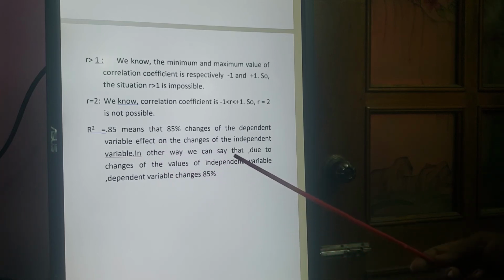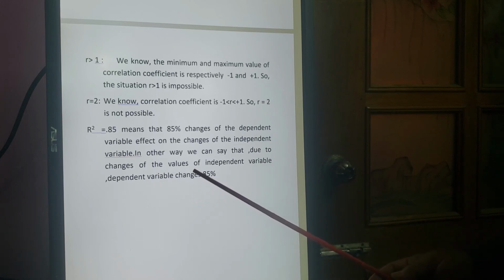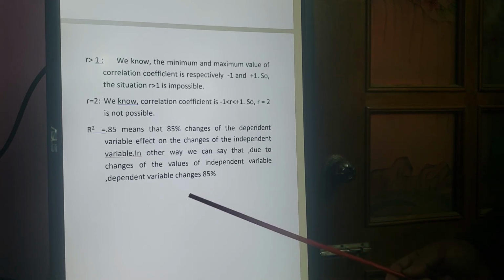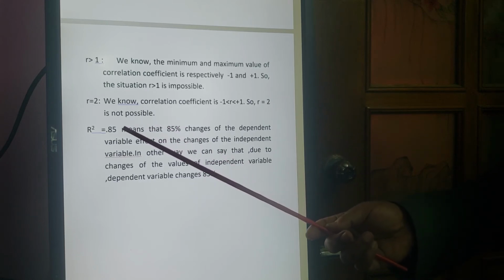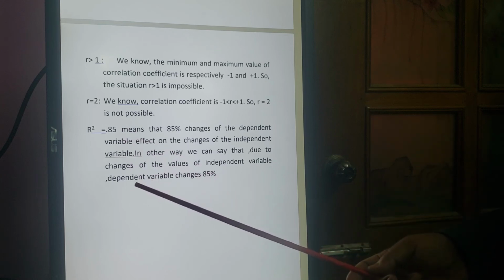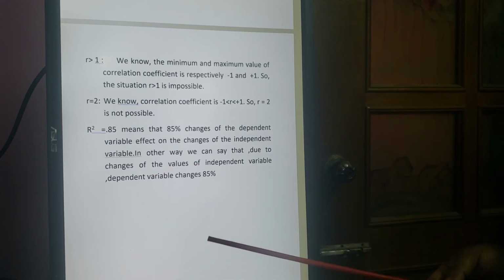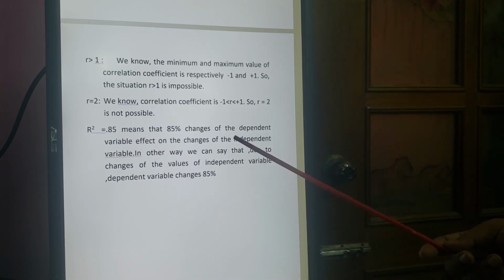In other way, we can say that due to change of the values of the independent variable, the dependent variable changes 85%. This is r square equal to 0.85. Anything else may be given, 0.75, 0.68, 0.92, anything, you will comment according to your question. Okay.